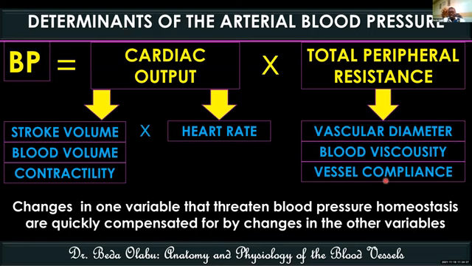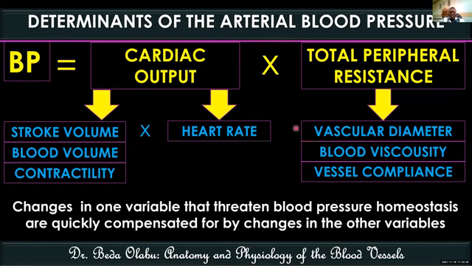If you have a change here, for example, let's say if you bleed a lot, so your blood volume goes down, your stroke volume goes down, the heart rate will automatically be increased so that you can try to compensate.